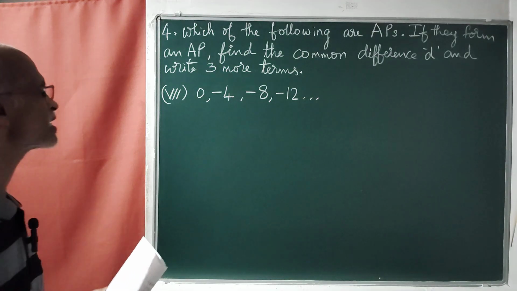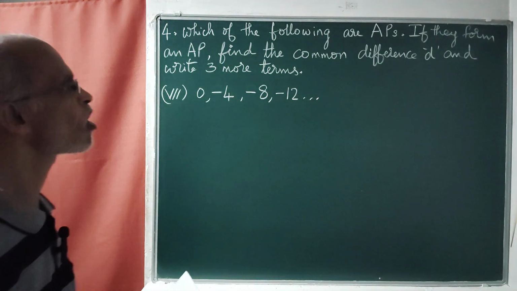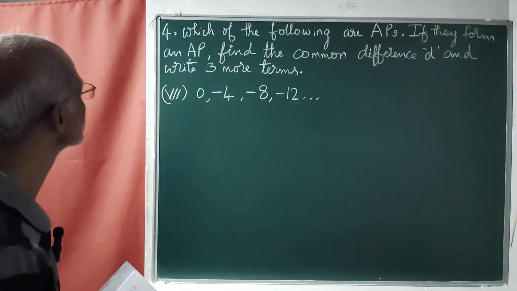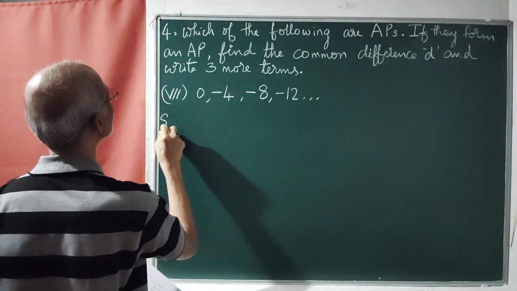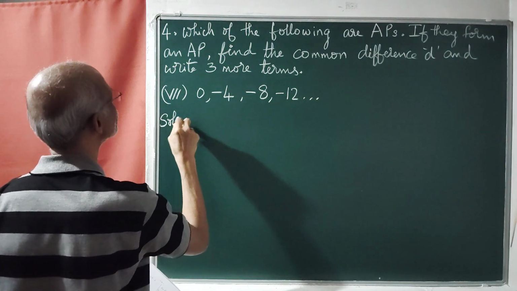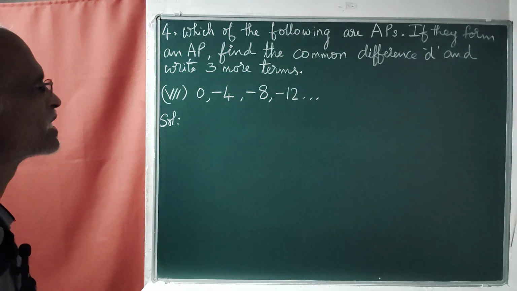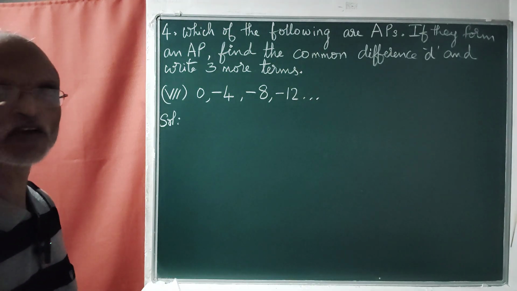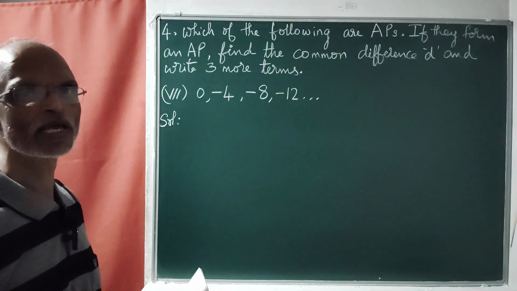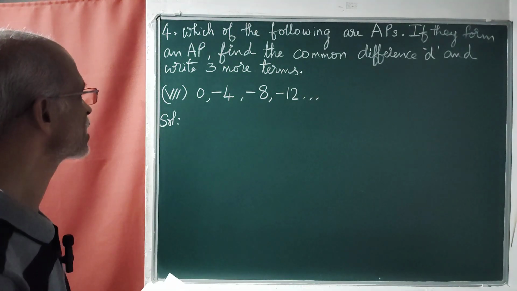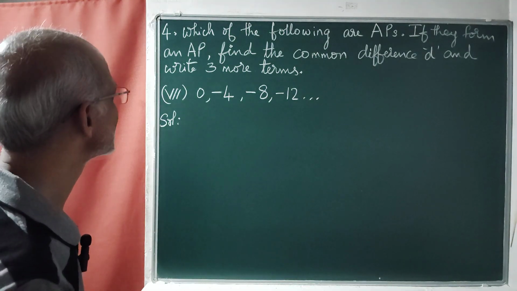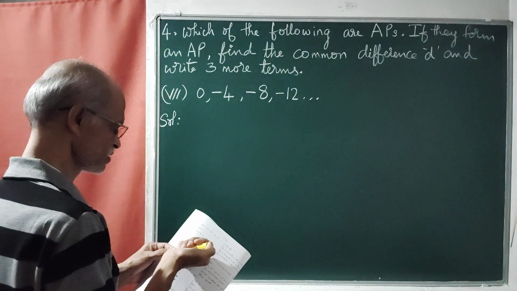We have to check whether the given list of numbers form an AP. For checking whether they form an AP, we have to find the difference between the terms. If there is a common difference, they form an AP. If not, they don't form an AP. So now we will find the difference between the terms.